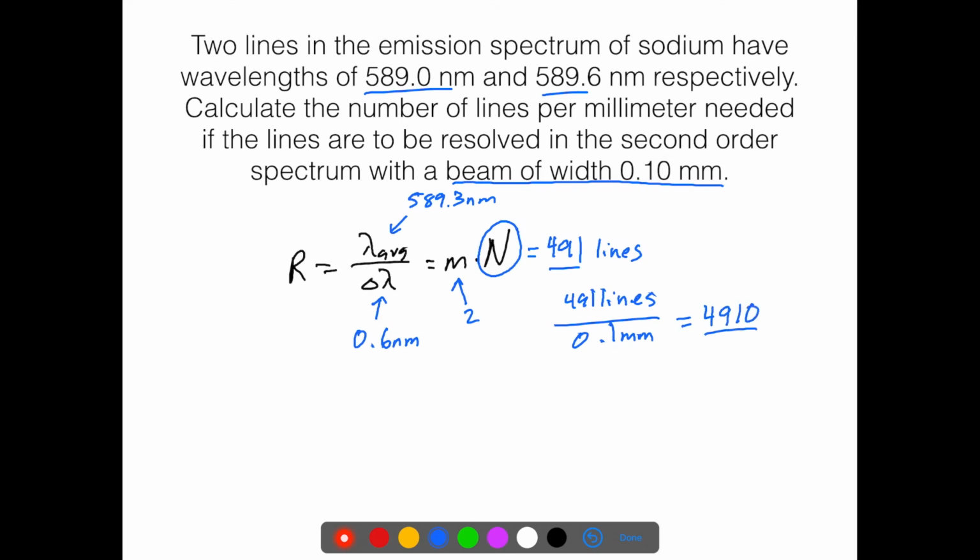And so that means I need 4,910 lines per millimeter if I want to be able to differentiate these two waves. All right, and that's it. That wraps up this question, and that's enough on resolution.